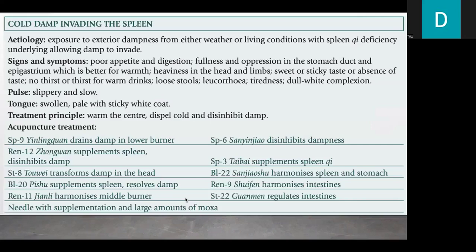For cold damp invading the spleen, the etiology is exposure to exterior dampness from either weather or living conditions, with spleen qi deficiency underlying, allowing damp to invade.